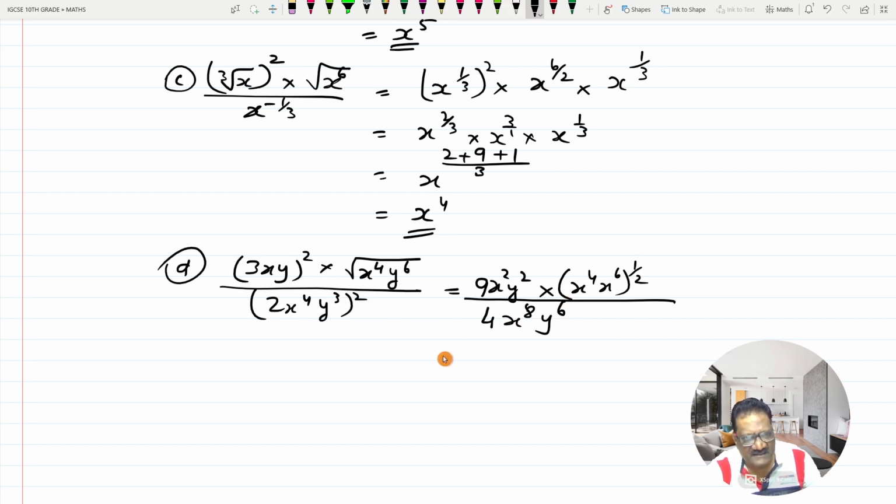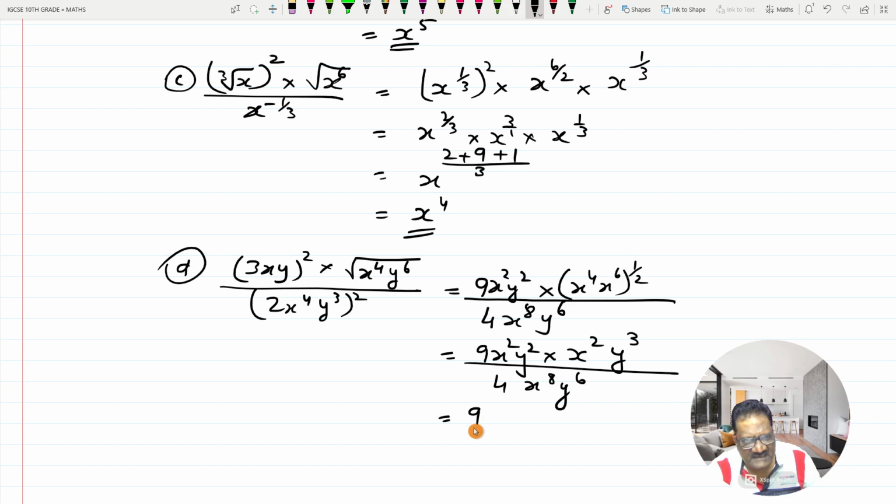Okay, then this is equal to 9x square y square into, this is x raised to 4 times 1 by 2, that is x raised to 4 upon 2, which makes it 2. Y raised to 6 into 1 by 2, that is 6 upon 2, that is 3. Whole upon 4, x raised to 8 and y raised to a 6.